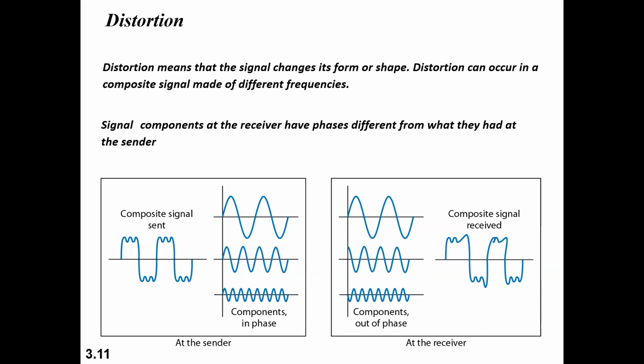If you look at the example there, the same signal being received at the receiver's end, and how the signal changes. Now, the calculation of distortion is beyond the scope of this lecture.